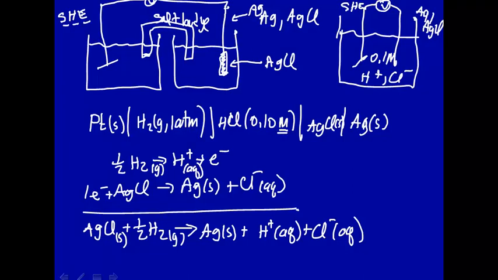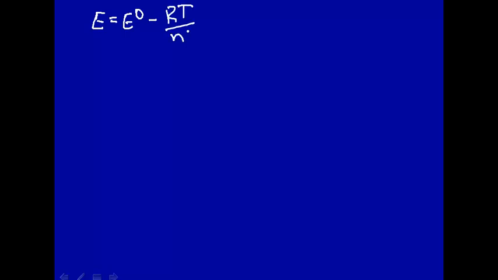Okay, so there we have everything. So let's see if we can calculate the activity coefficient for that. Well, we'll start with the Nernst equation. The Nernst equation: cell voltage is the standard state cell voltage minus RT over NF times the natural log of the reaction quotient Q. Well, let's express the reaction quotient Q in terms of activity.